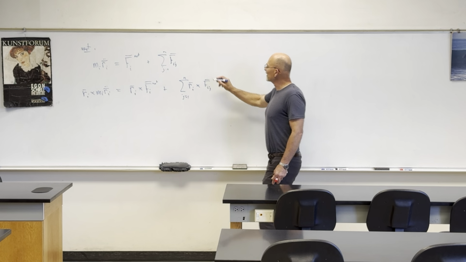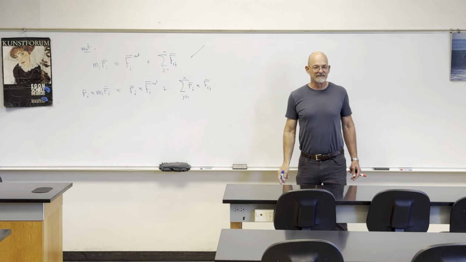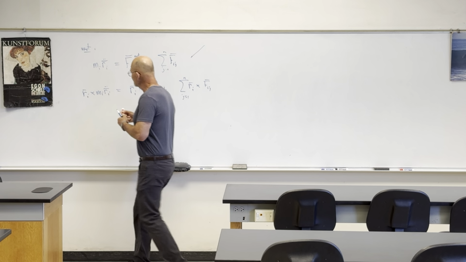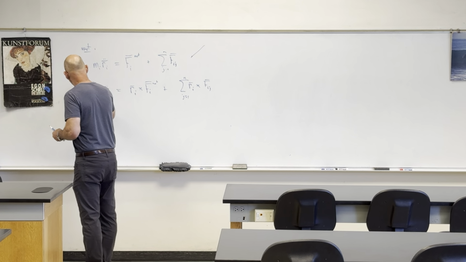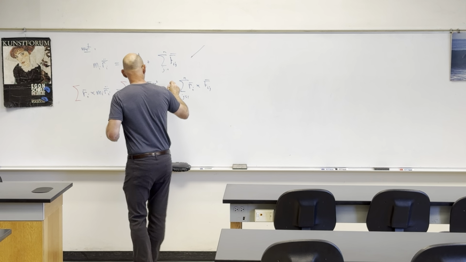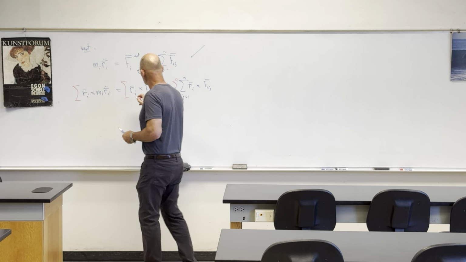Yeah, so if this is a law, then so is this, right? Then we left a little room here. If this here is true, then if I do a sum over all these truths, it should also work.